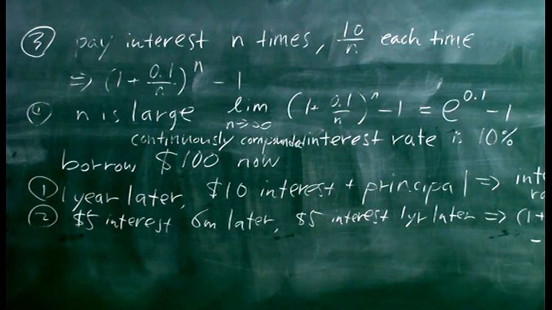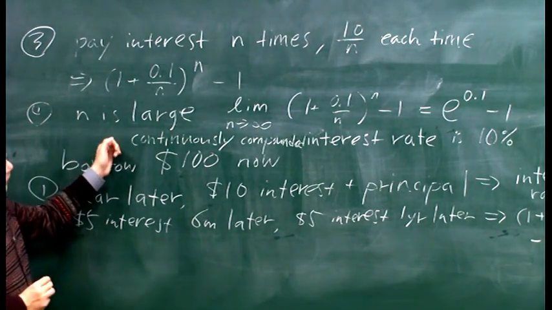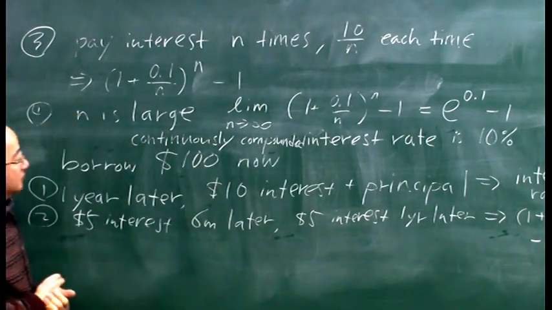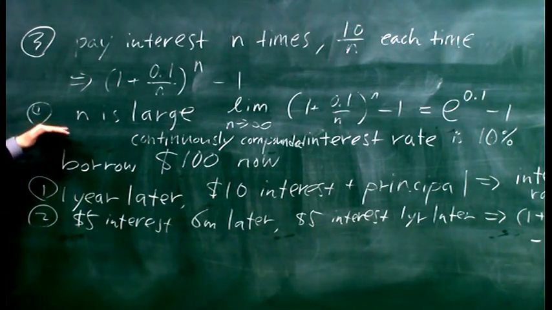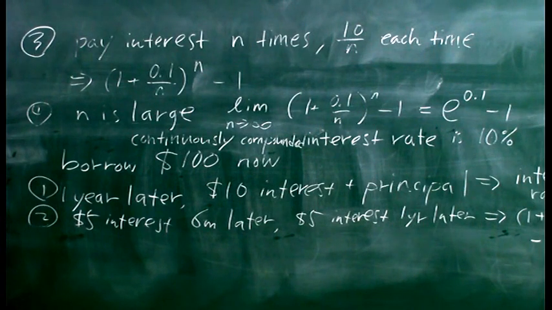If you think about these terms, continuously compounded, you can gather the meaning of this expression from this example. That is, we are applying the compounding formula many times. In the limit, we are applying this continuously.